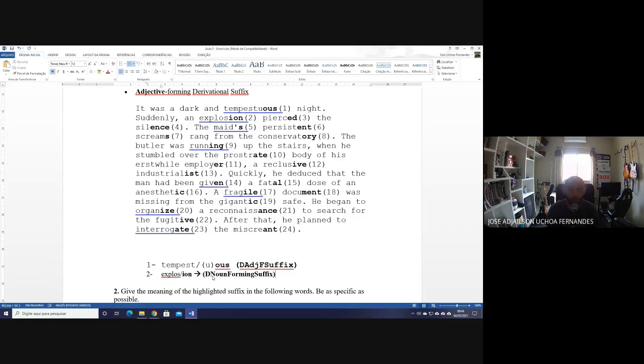Now, if it forms a new noun out of a noun, I have a noun, I put a suffix, and out of this process, I have another noun with a different meaning. Is it still derivation?